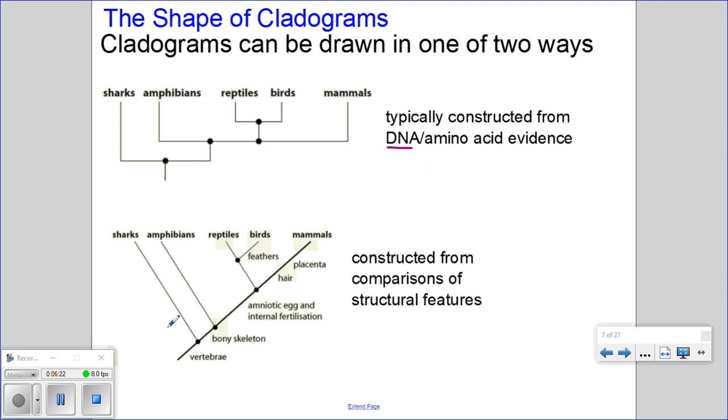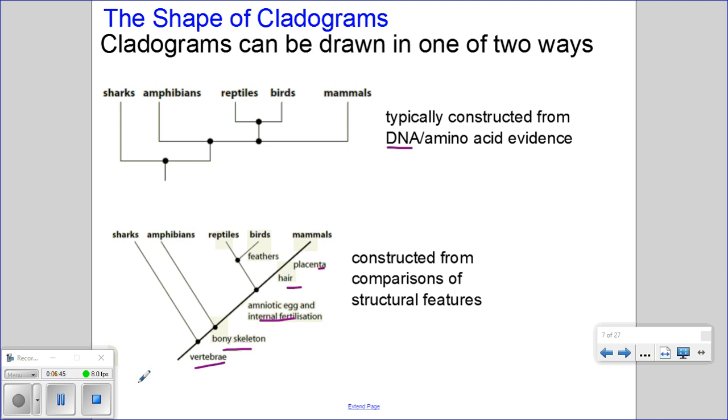Now, the second type of cladogram that we have is constructed from comparisons of structural features. So in this particular cladogram here, we have the structural features that are being compared between these groups of animals.